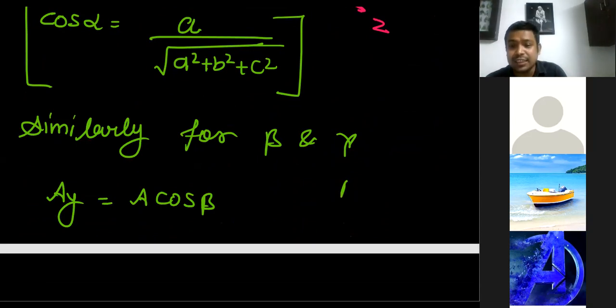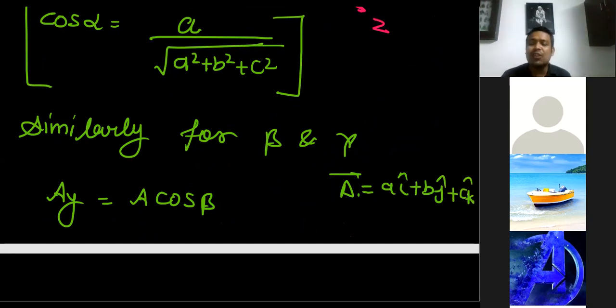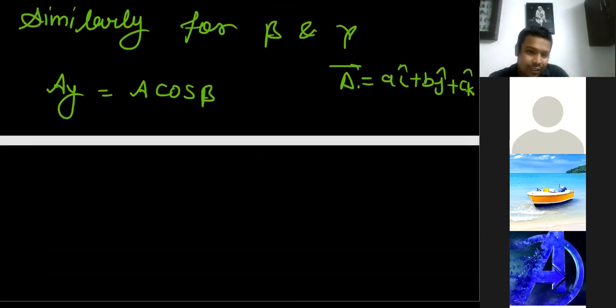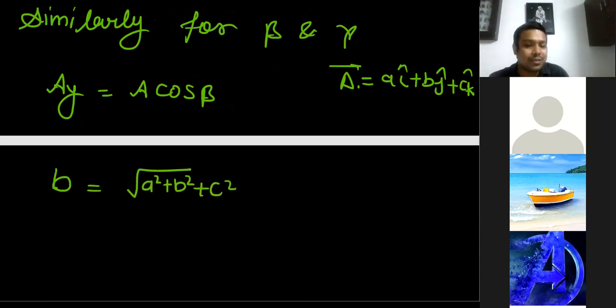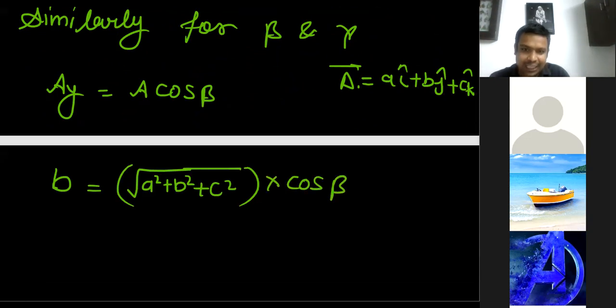Tell me, my dear friends, in this vector A I cap plus B J cap plus C K cap, what is the value of y component? B. So Ay is b. A is the square root of a square plus b square plus c square, into cos beta. Then cos beta is what?